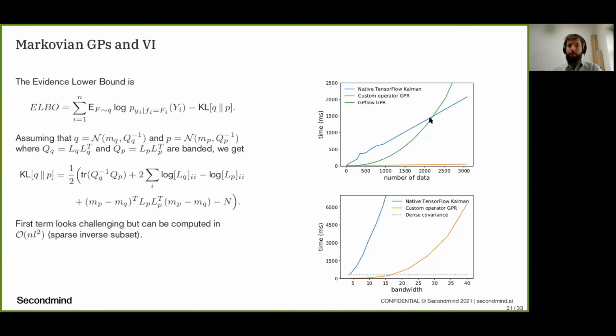A Kalman filter implemented in TensorFlow is going to be linear in complexity, and if you implement the linear algebra directly at the operator level in C and make that available to TensorFlow, then you have again a linear complexity, but with a much smaller coefficient than things implemented directly in TensorFlow. Similarly, if we increase the bandwidth, the complexity grows quadratically, but there's a huge speedup that can be obtained.